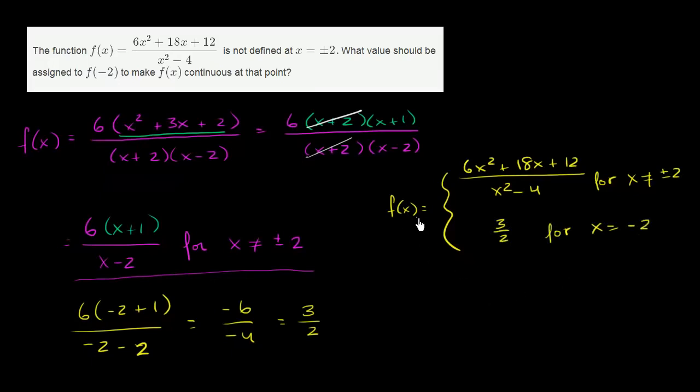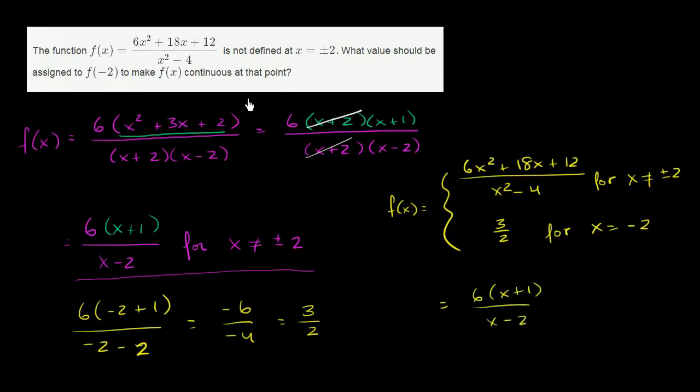Now this function is going to be the exact same thing as this right over here. This new definition, this extended definition of our original one, is now equivalent to this expression, is equal to 6 times (x plus 1) over (x minus 2).